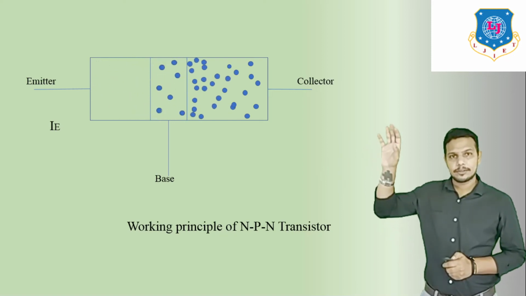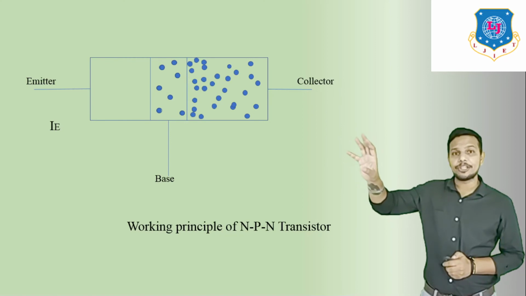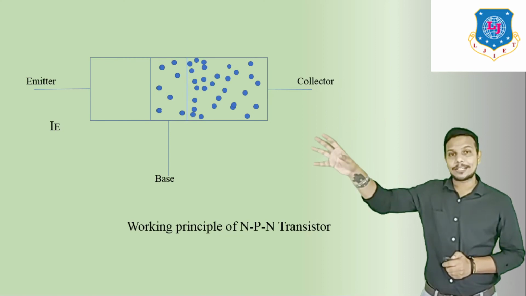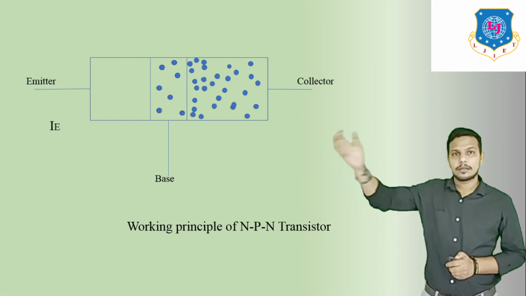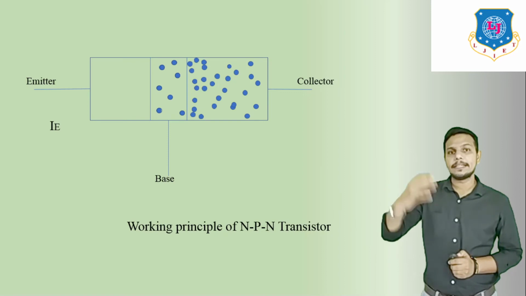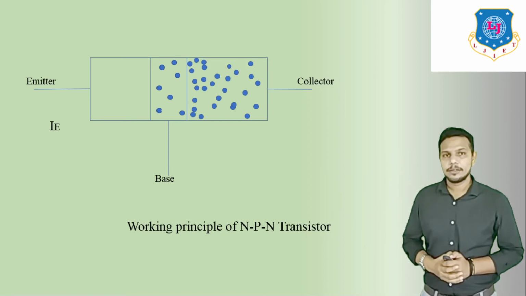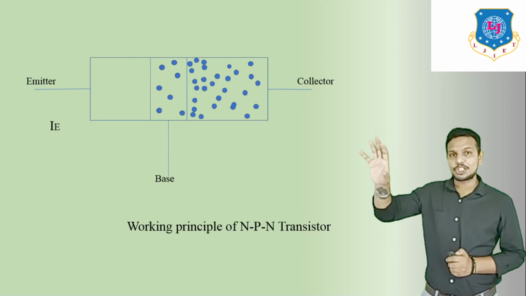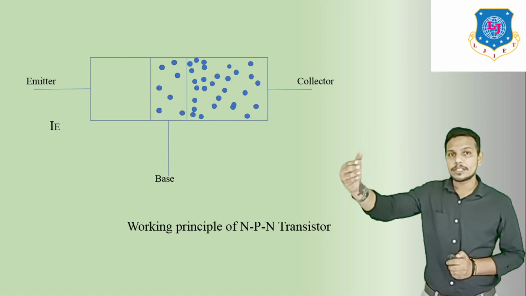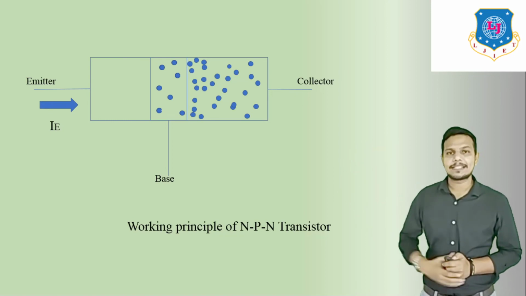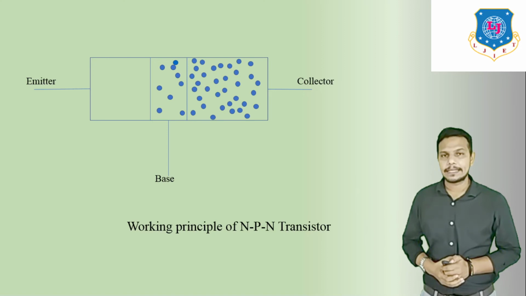Here those electrons recombine with holes in the base terminal, and a few electrons are entered, or we can say injected, into the collector side. Now the electrons which recombine with holes flow in the downward direction. Here we can see this is the arrow for IE.